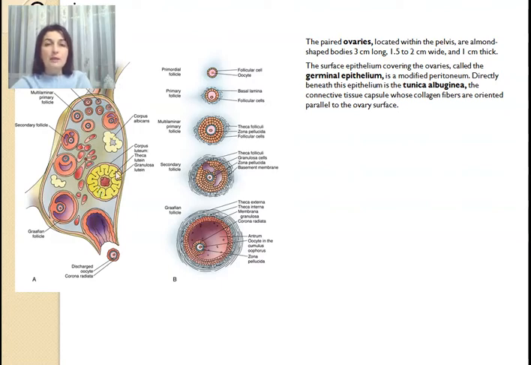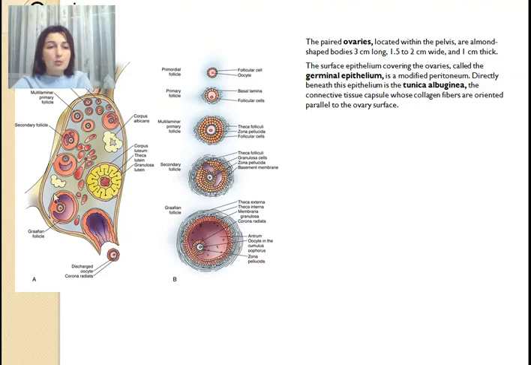When the yellow body finishes its functioning, it will be converted into the white body. It is a scar tissue: the hormone producing cells will die by necrosis, and they will be replaced by connective tissue cells that will form scar tissue.